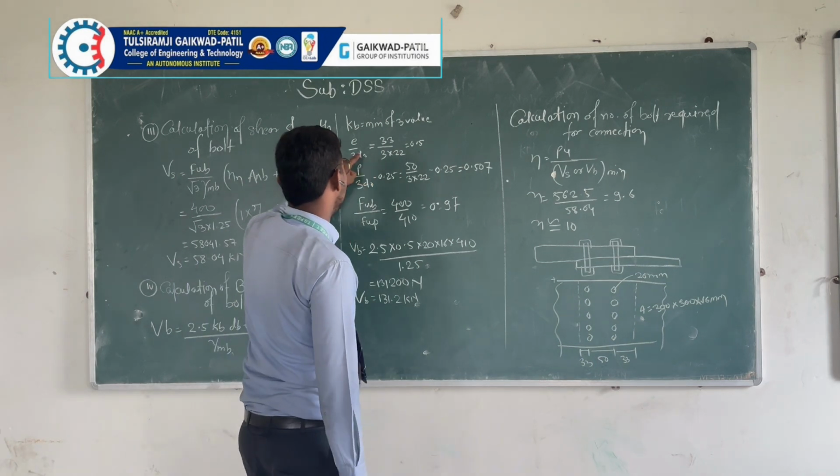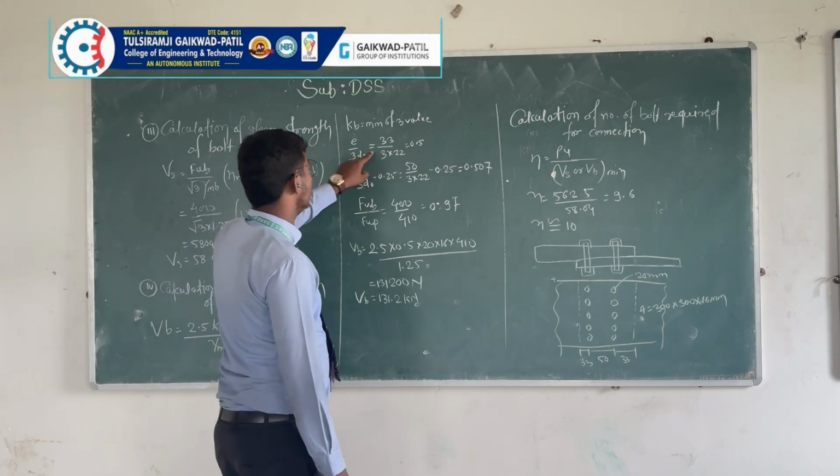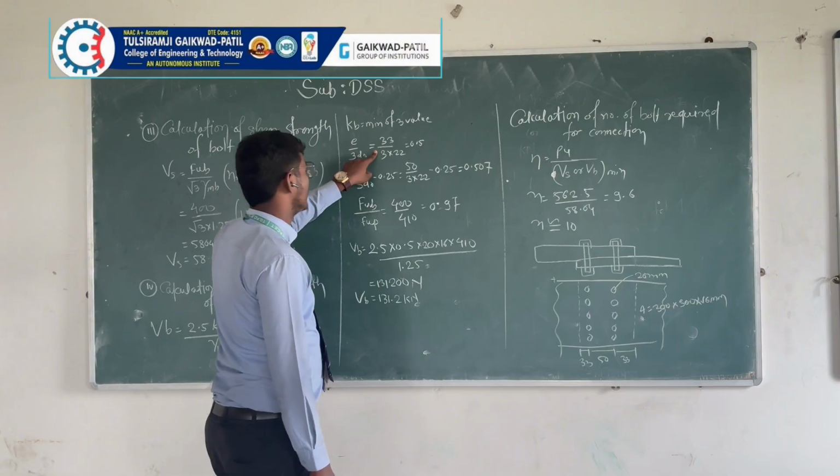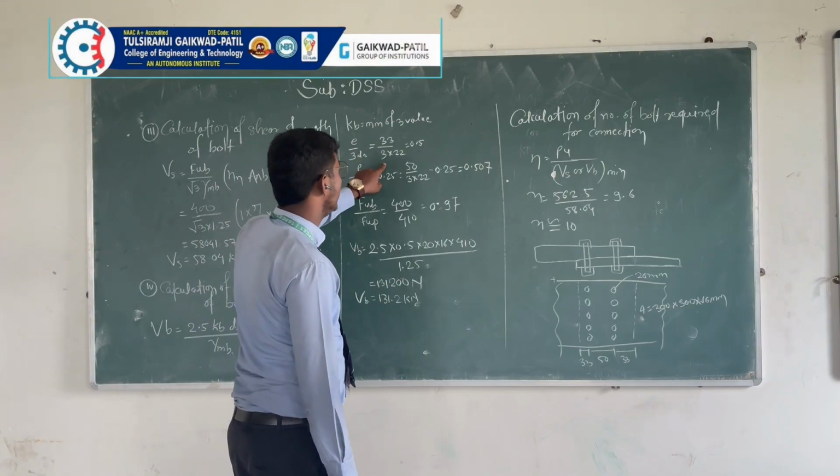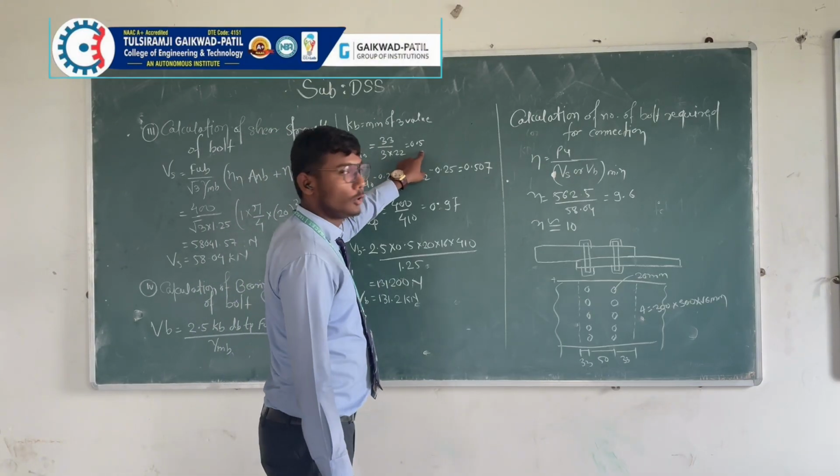First, e divided by 3 d0 is equal to 33 divided by 3 into 22, which is equal to 0.5.